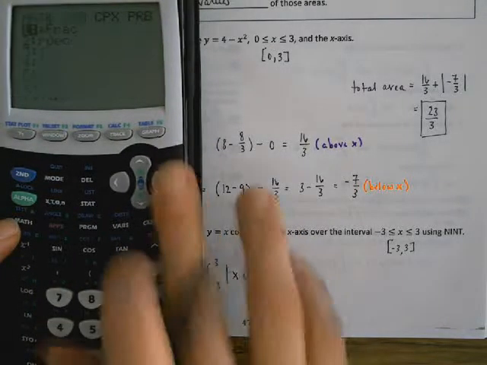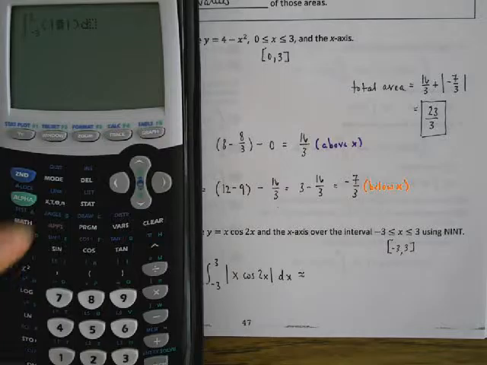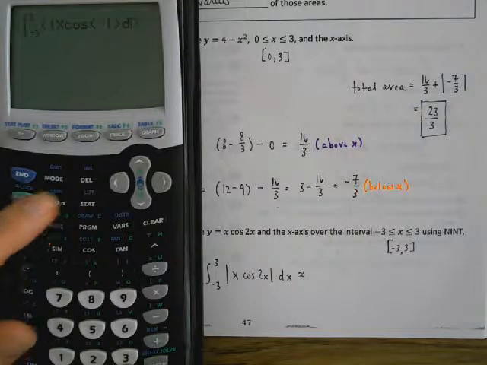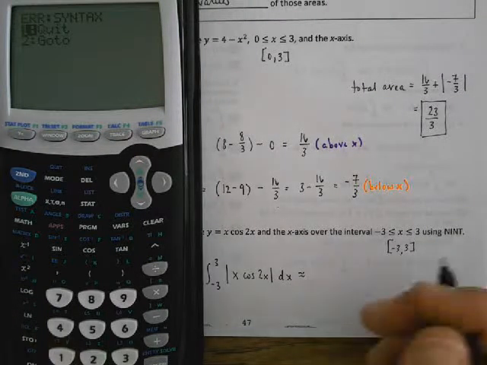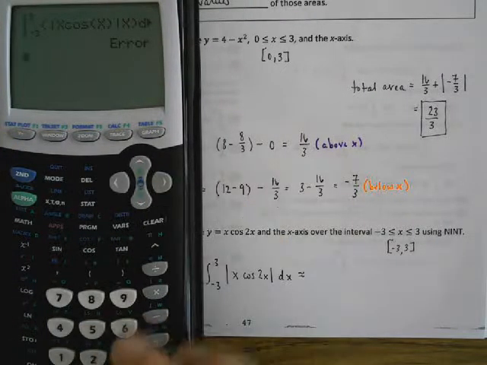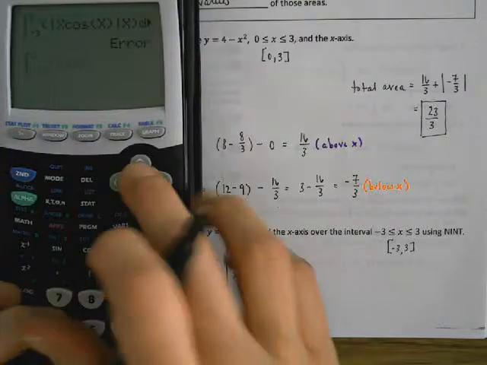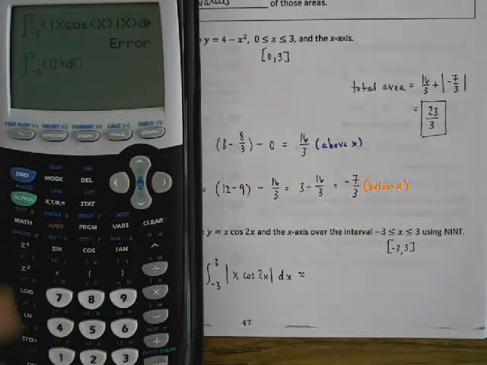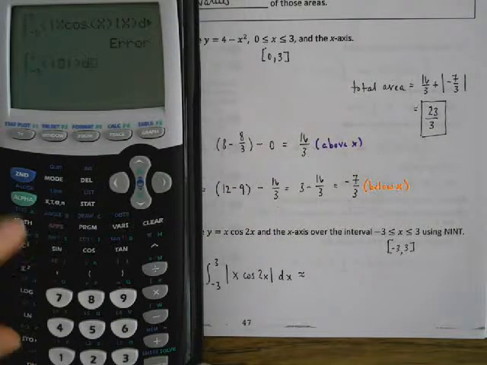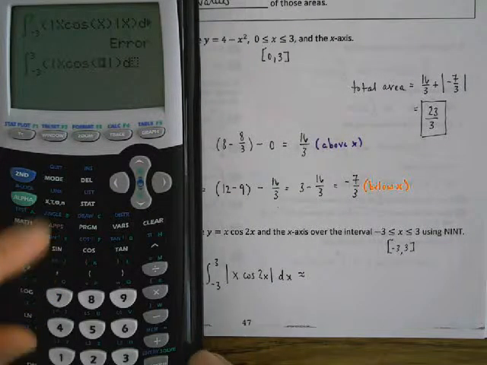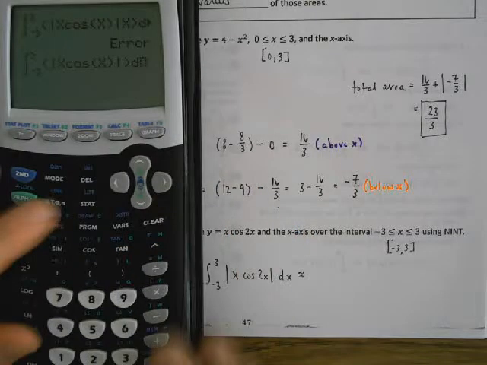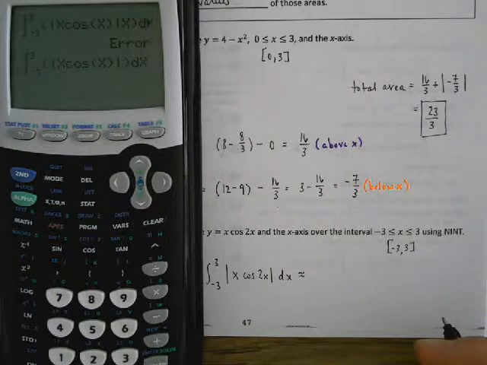I'm going to use my absolute value function and integrate x times the cosine of x dx. Whoops, what did I do? Let's try that again. Negative 3 to 3, the absolute value of x times the cosine of x, there we go, dx.